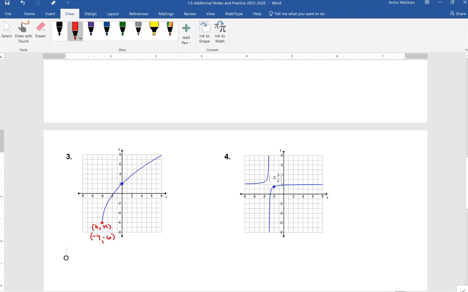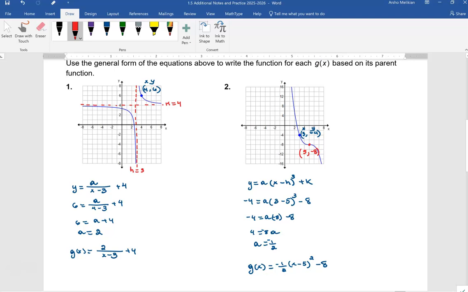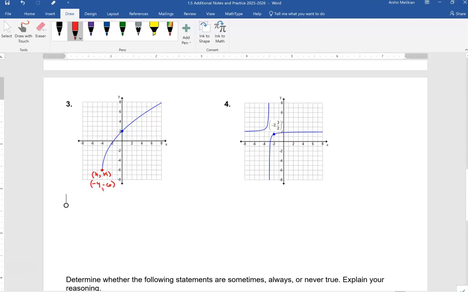You have to see how much transformation has been made. In the case of the square root functions, what do you move first? It's the end point. For the cubic function, what do you move first? You move that center point, 5, negative 8. So that's what we used. And then the x and y is 0, 2. That's a good one.